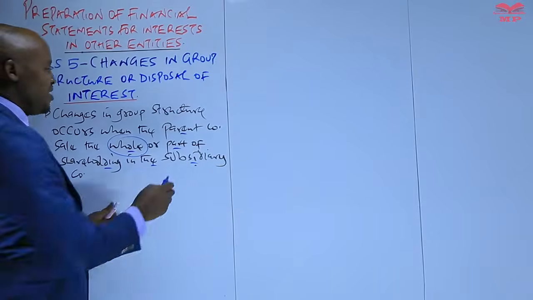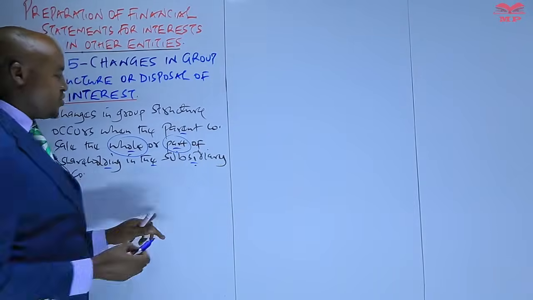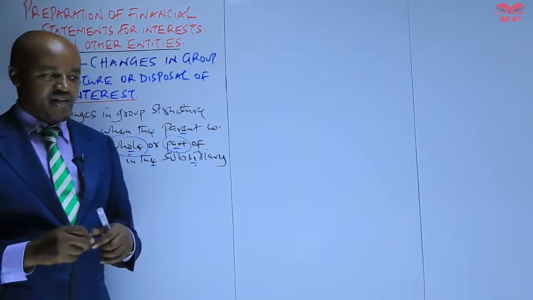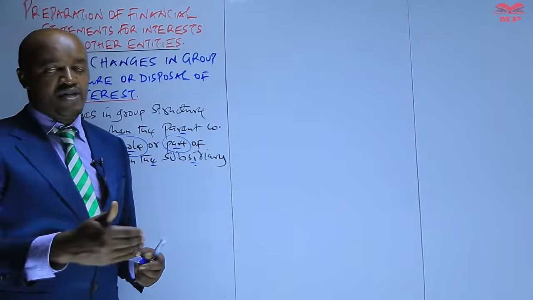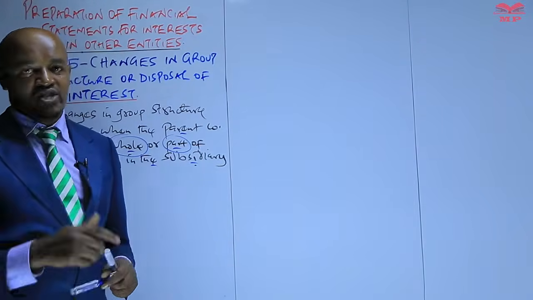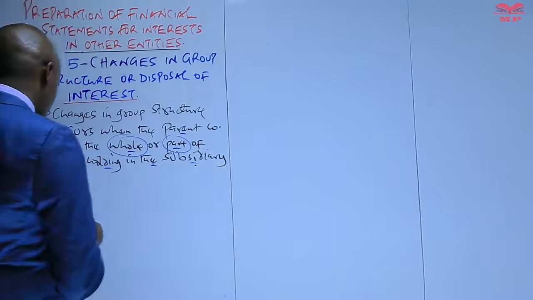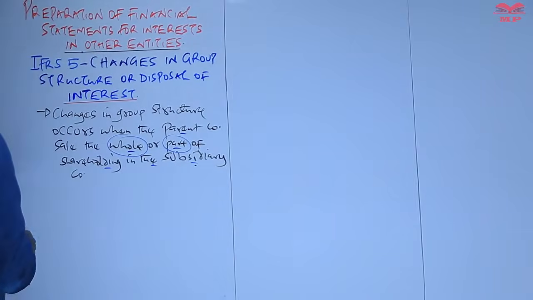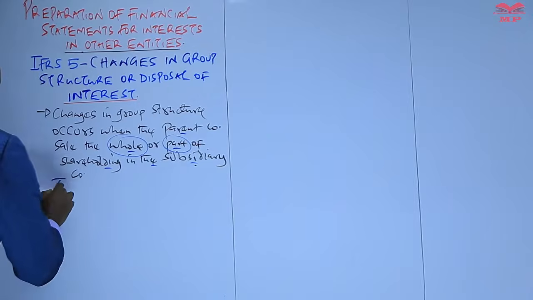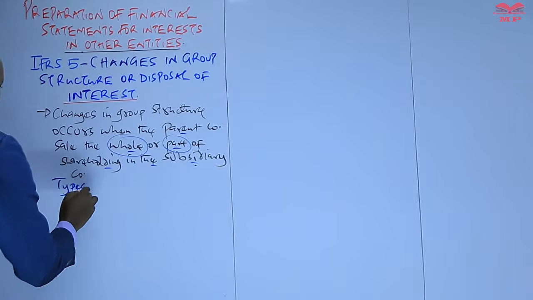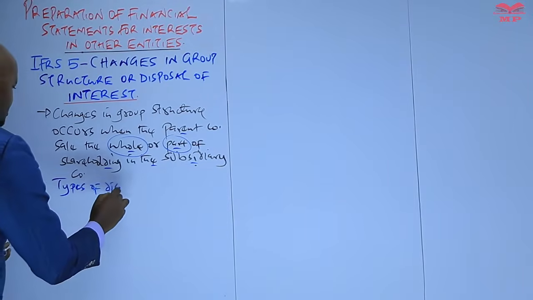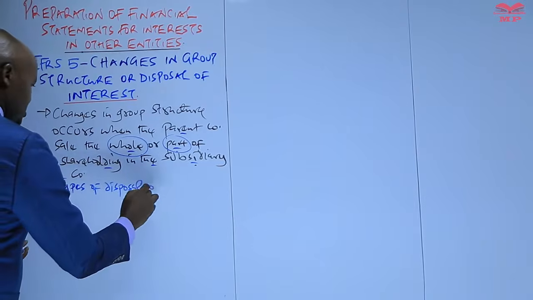But on the other hand, we have a partial disposal whereby the parent company sells some of the shares held in a subsidiary and retains some of the shares. So therefore here we can talk of two types of disposal of interest.